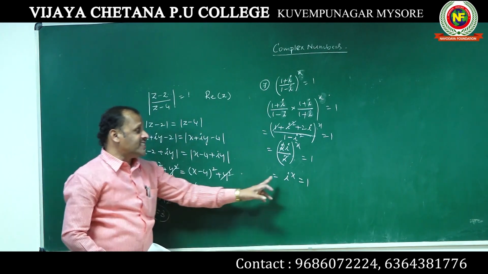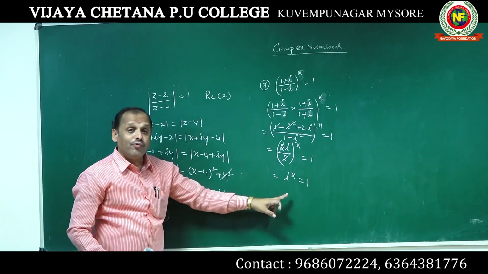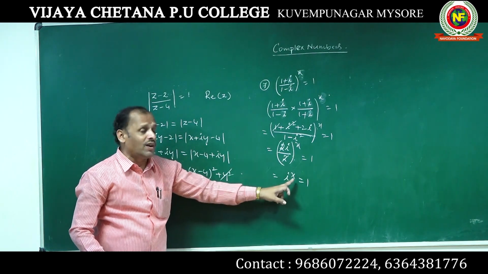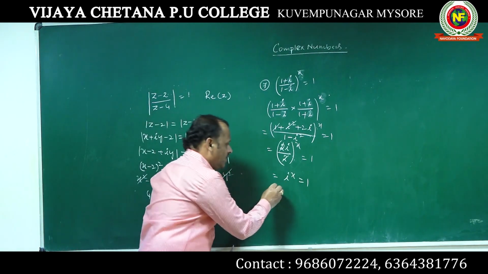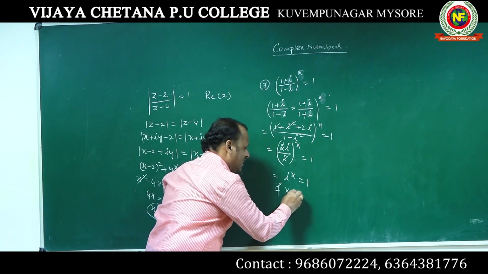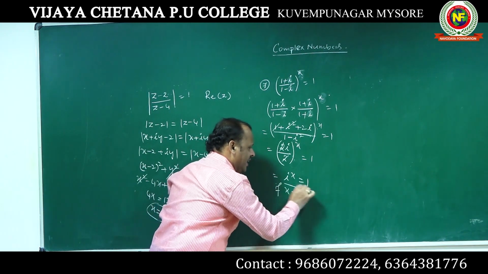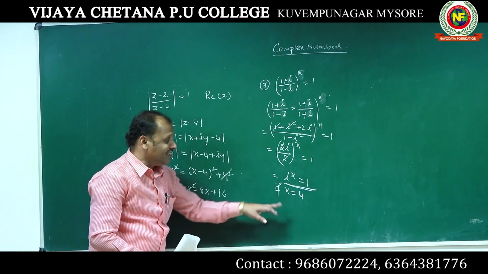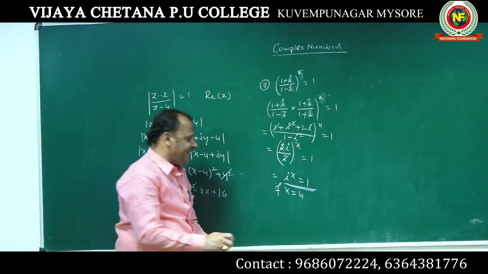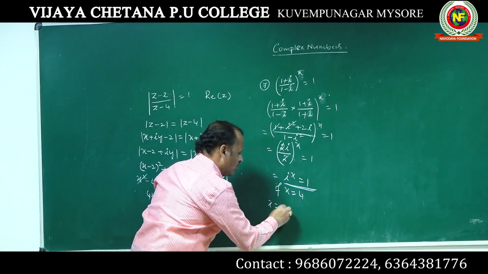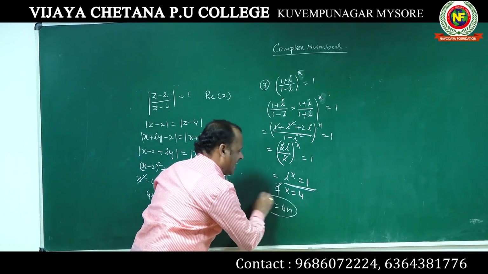i to the power x is equal to 1 means i to the power x will become 1 if x is 4. If x equals 4, then only it will become 1. But in the options, the x value is given as 4n.